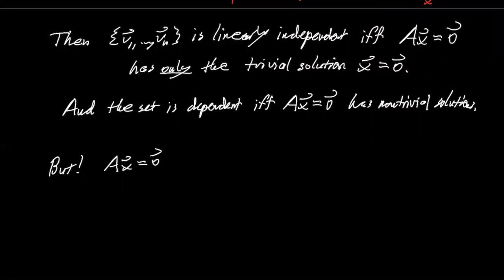And again, these can never be inconsistent. So you either have one solution, which is just the zero vector, or infinitely many solutions, and infinitely many solutions implies a free variable column. So Ax equals 0 has non-trivial solutions if and only if A has a free variable column. So when you row reduce A, you do not get a pivot in every column.